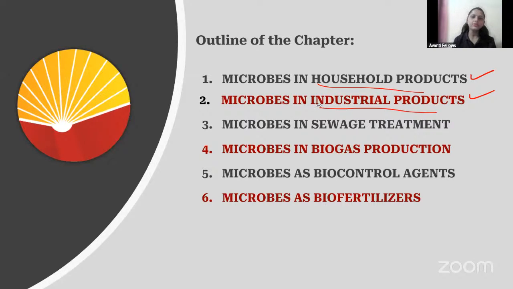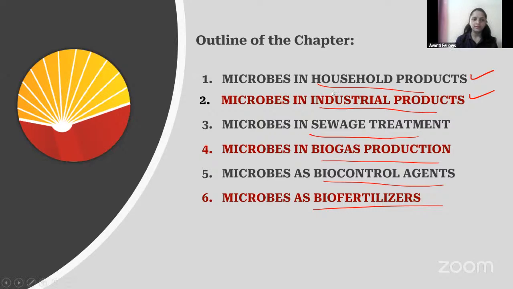So we studied all these things about household products. Then coming to the industrial products, we studied the preparation of alcohol and the antibiotics. In today's class, we will study sewage treatment, biogas production, biocontrol agents, and biofertilizers.